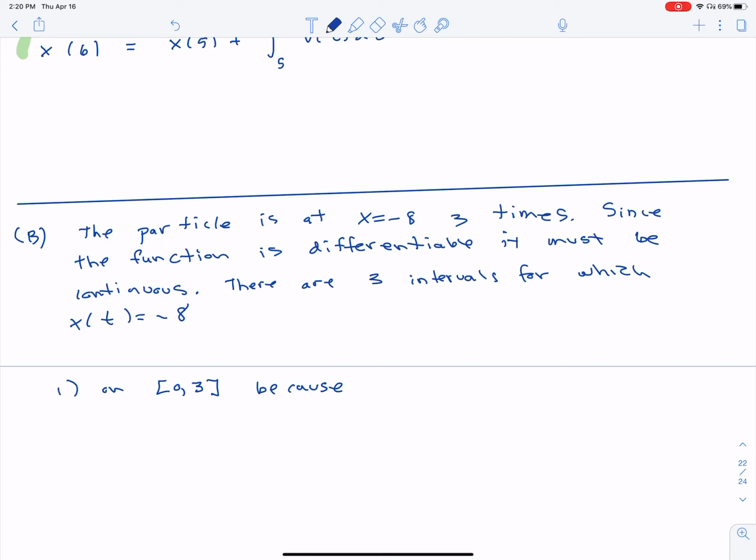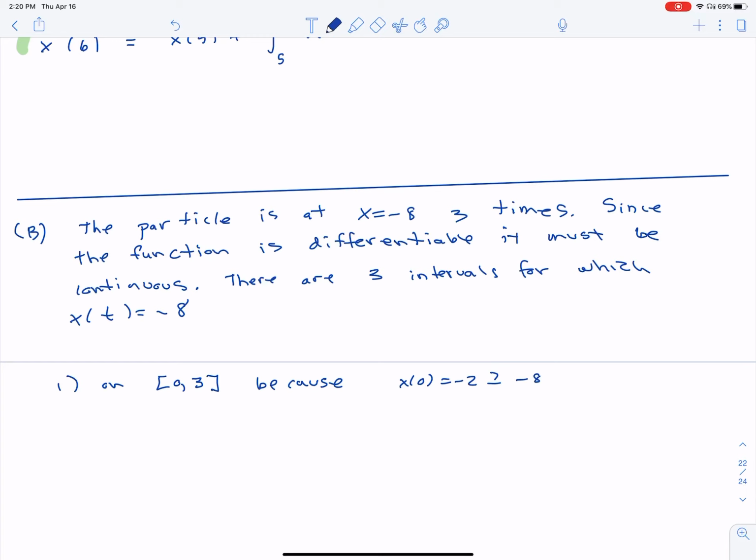So we know that x of 0, which was -2, is greater than or equal to -8, which is greater than or equal to x of 3, which equaled -10. So I've shown that -8 is in between those two numbers.